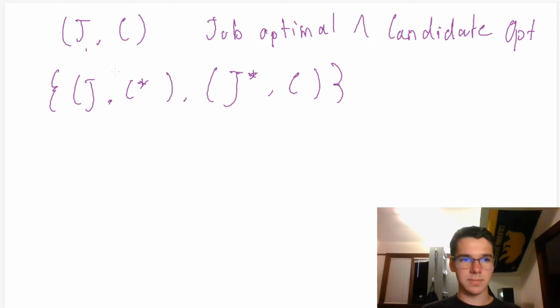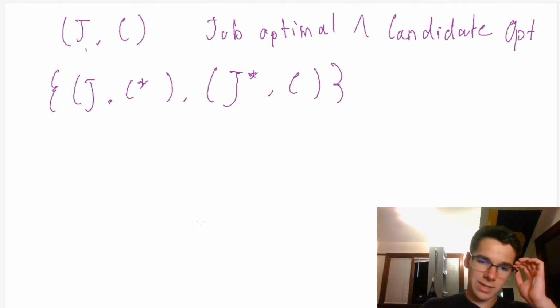And so it must be the case that this is a rogue couple, and therefore it cannot be true that the algorithm is both job optimal and candidate optimal. It must be job optimal and candidate pessimal.